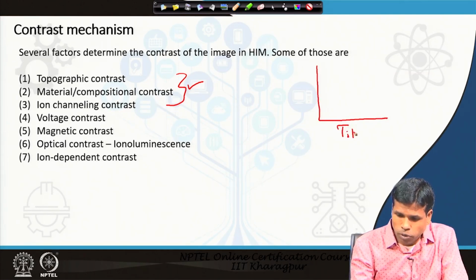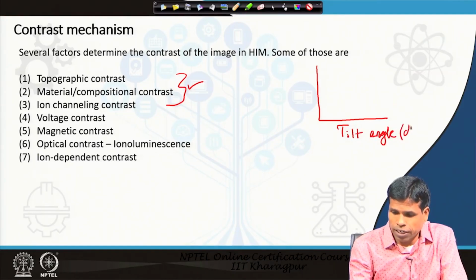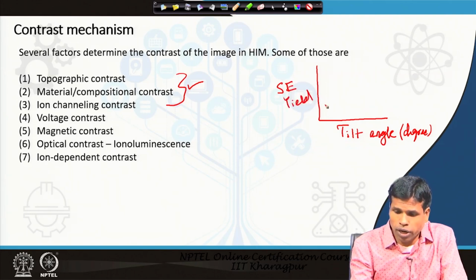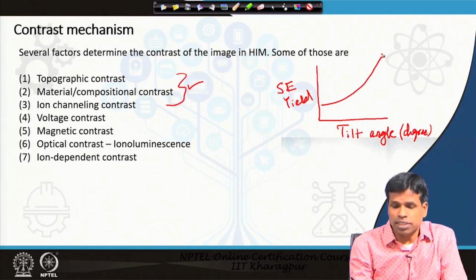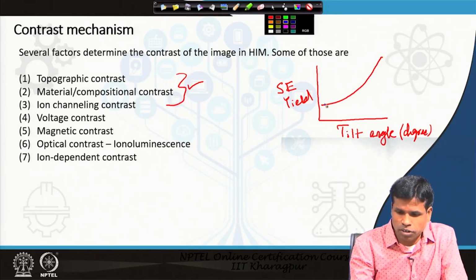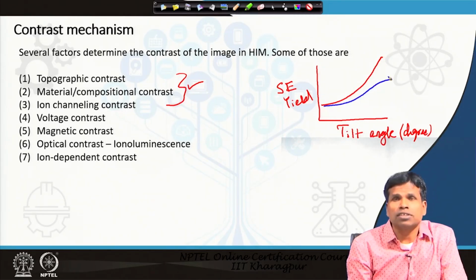When we plot different tilt angle of the specimen in degrees versus secondary electron yield, we see that for a helium ion microscope it goes like this. On the other hand, for an electron microscope it goes like this.